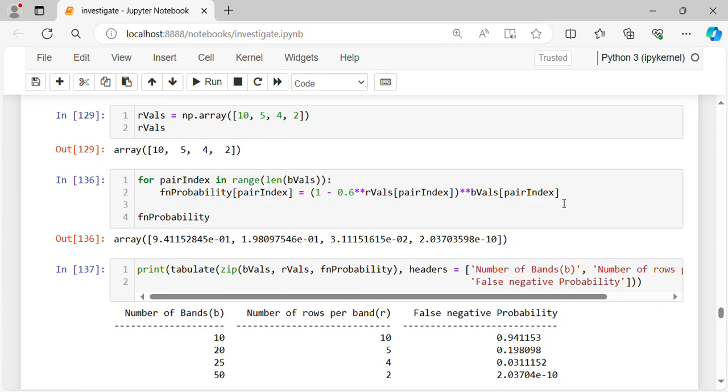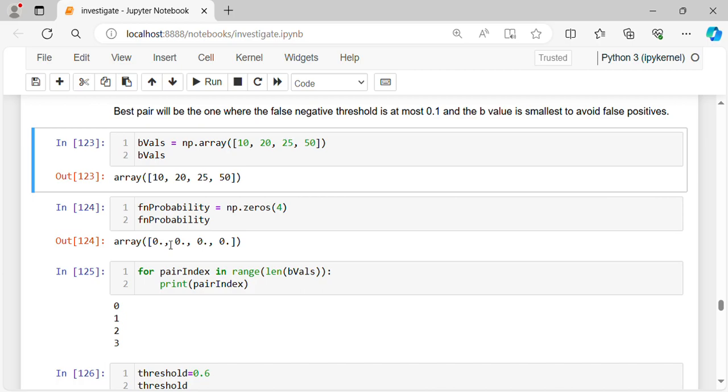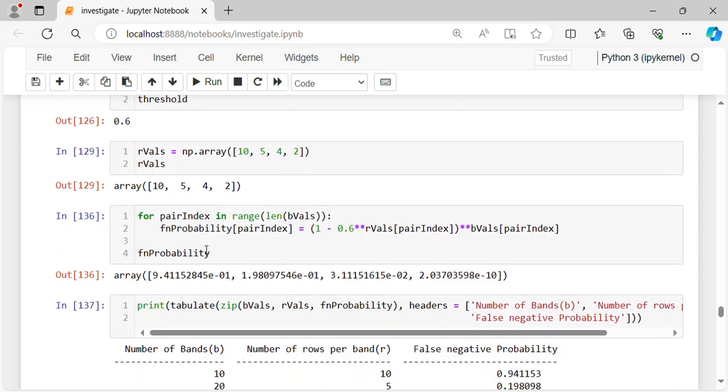So say pair index is 2. Then Fn probability of 2 is the third position, 0, 1, 2.